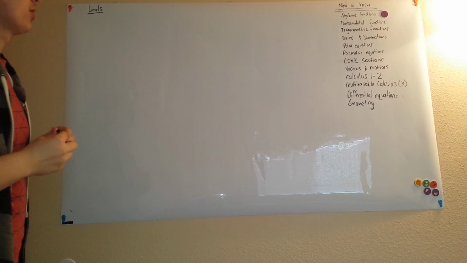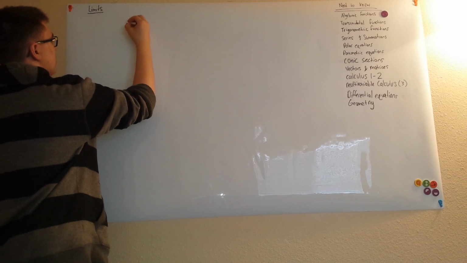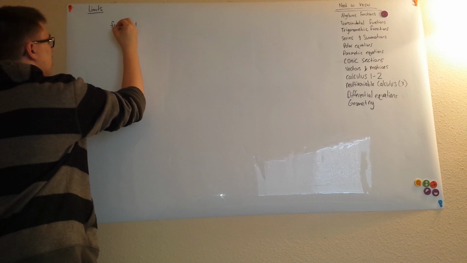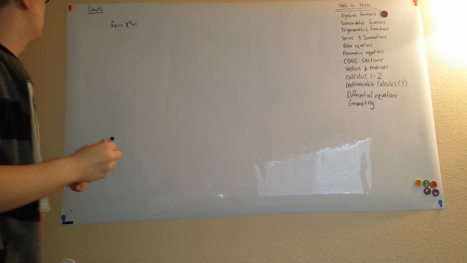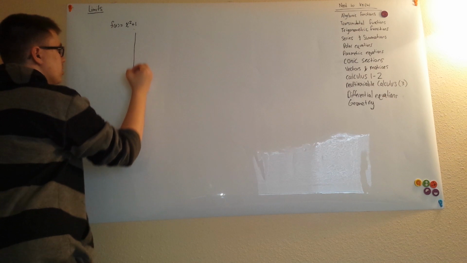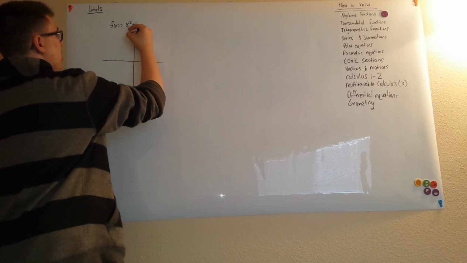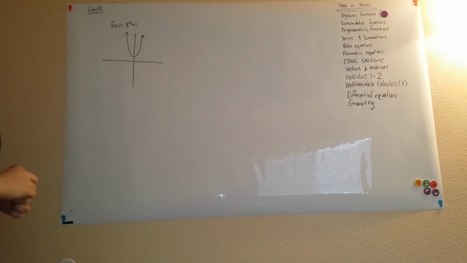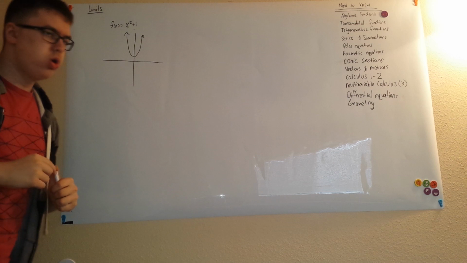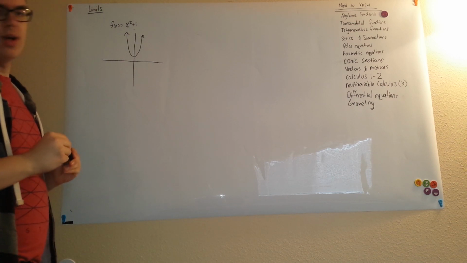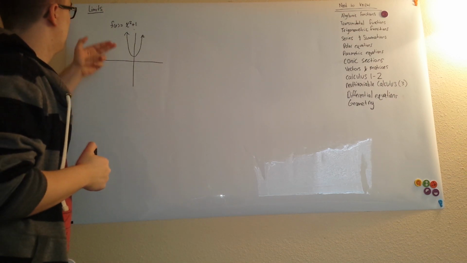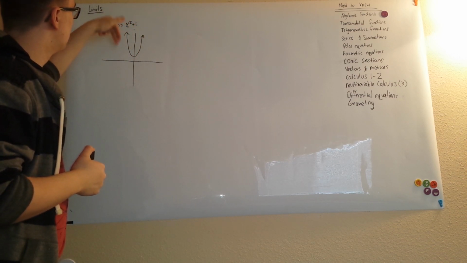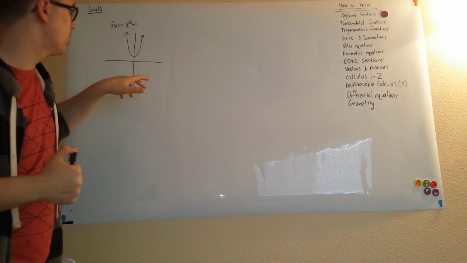If I give you an algebraic function, x squared plus 1, you should already know what this looks like by memory. It'll be a parabola shifted 1. And you find nothing fishy about it. By nothing fishy, you see no holes, nothing, no weirdness.